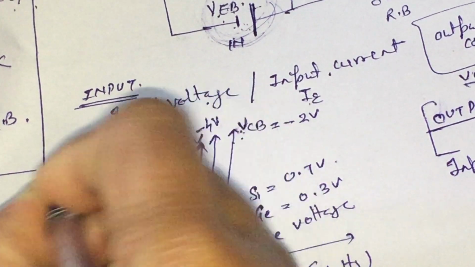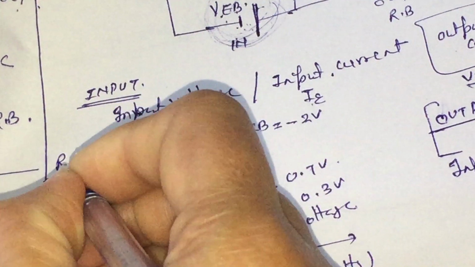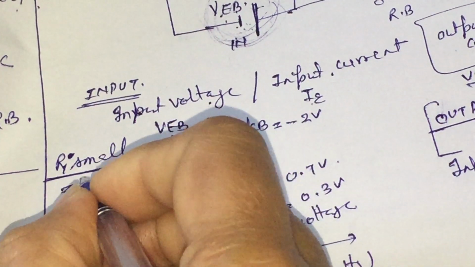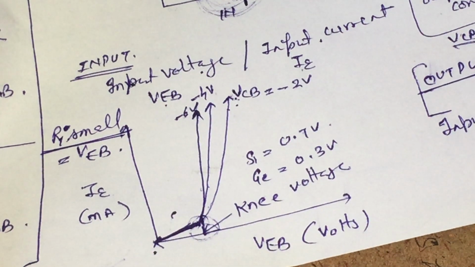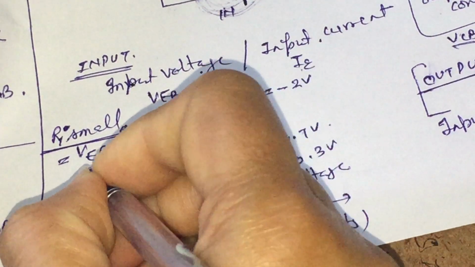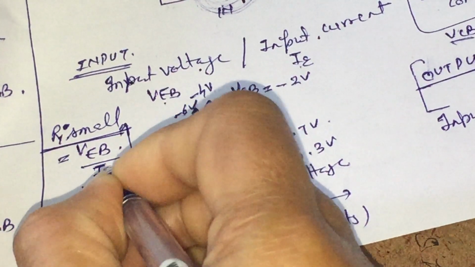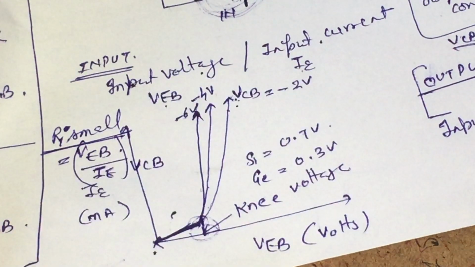In the input side of our common base transistor, the input resistance is very small, that is, it is the ratio of VEB, the voltage across the emitter base terminal, and the emitter current when VCB remains constant.